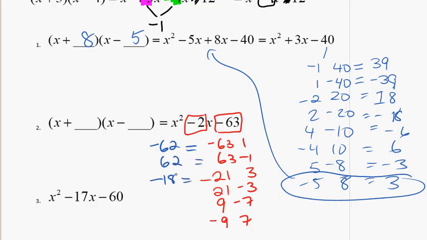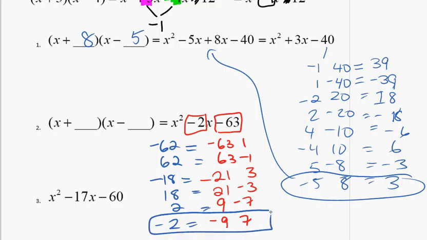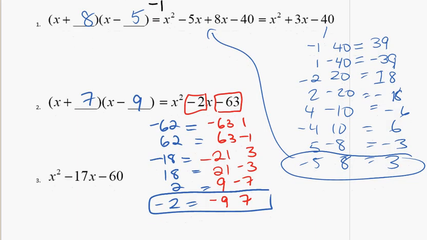Negative 18, 18. 2, negative 2. Negative 2 is my winner, so I need negative 9 and positive 7. You notice negative 9 and 7, the absolute values of those numbers are close together. 2 apart, in fact, which is exactly what we're looking for. So hopefully that gets you to start looking more selectively.